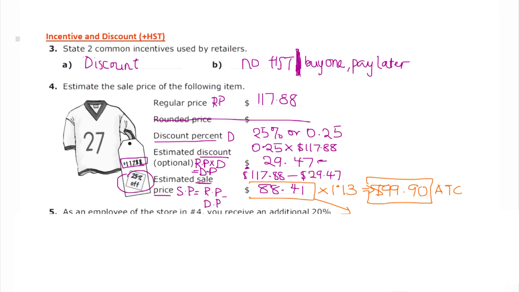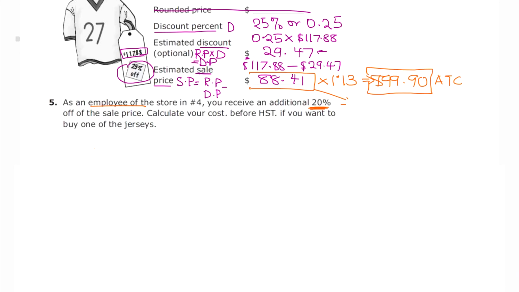For number 5, it says here that if an employee of this store, which is in question 4, actually receives an additional 20% of the sale price, calculate your cost. So in here we know the sale price, which we're going to use as the sale price before tax, because the question says calculate your cost before HST is added.